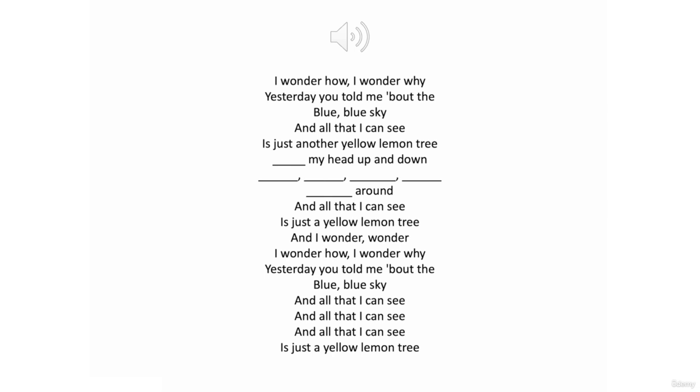So, to make it a little more difficult, can you remember the one in this chorus that is in the present continuous?